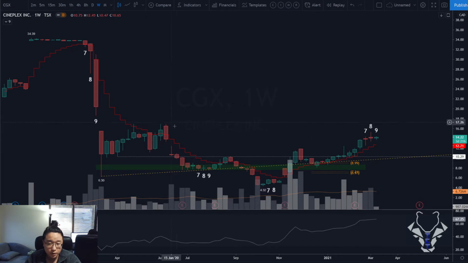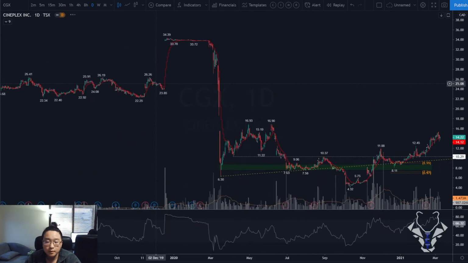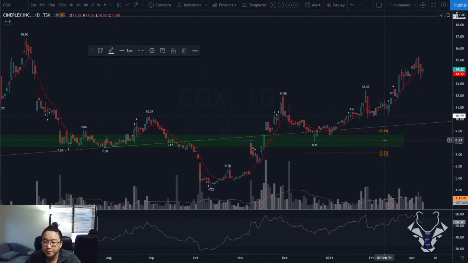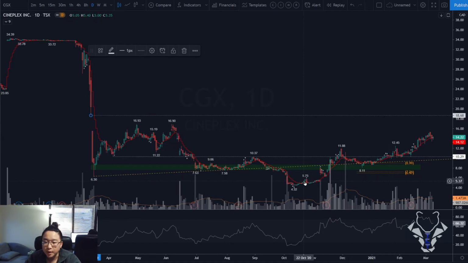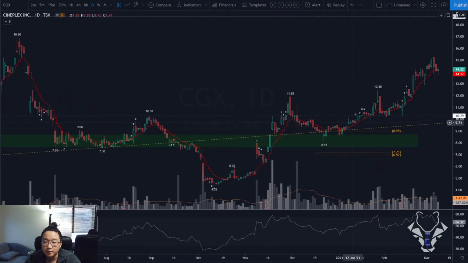Inverse head and shoulders. Huge gap up. Huge gap ahead. So daily trend is favoring bulls on this. Recovery plays, vaccine plays, they are seeing lots of bull action.